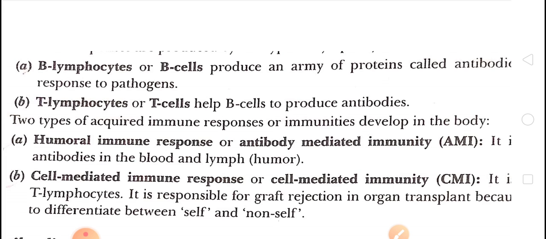Second, T lymphocytes or T cells, these T cells help the B cells to secrete the antibodies. Okay, they play an important role, because if the antibodies are not secreted by the B cell, then the pathogen will not be killed.